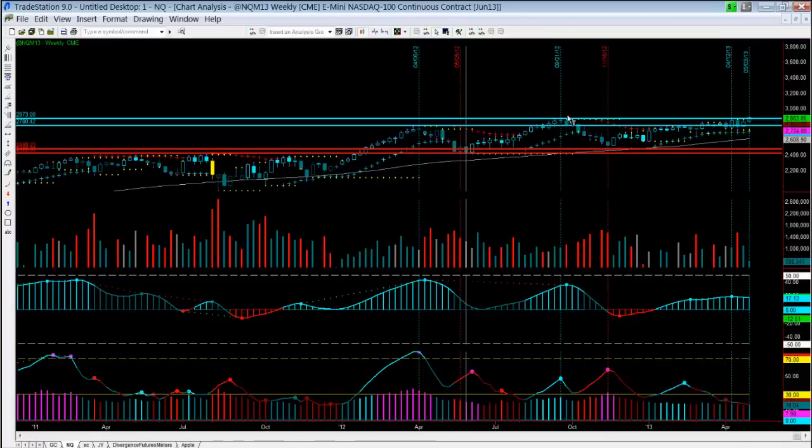If I get diverging volume, then chances are it's going to go back and test the low of the area. Does that answer your question, Artemin?